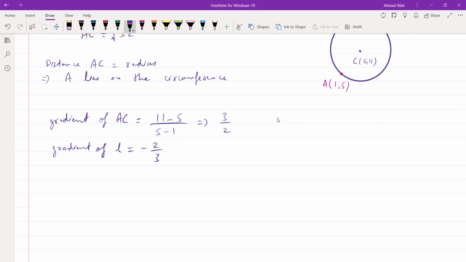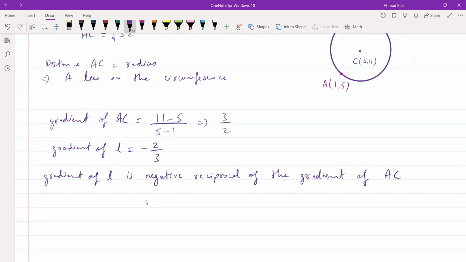You say the gradient of L is the negative reciprocal of the gradient of AC. That implies that L is perpendicular to AC, which is the radius.